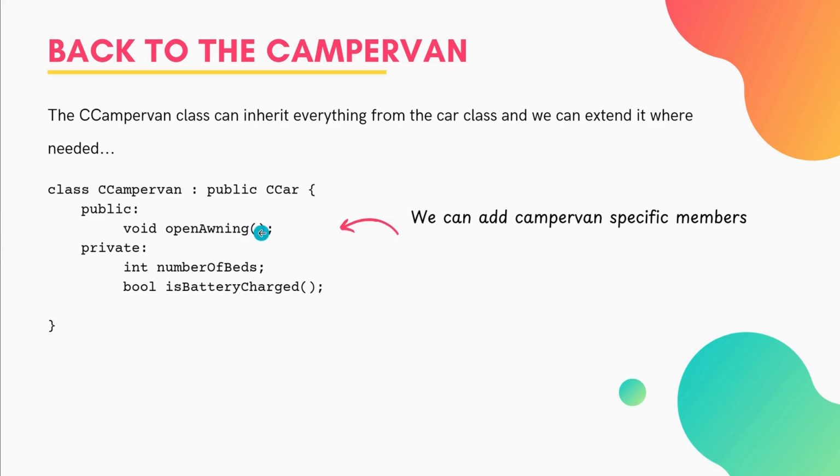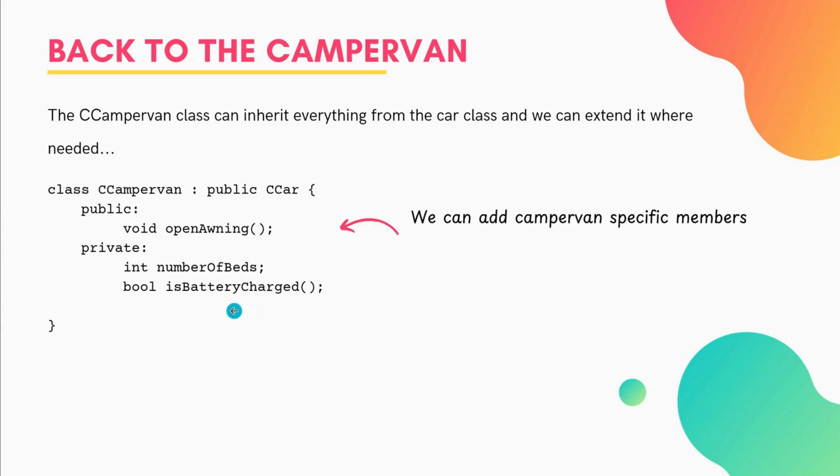So we've got a function to open it that can be called outside of the campervan because it's in the public section. We've also got privates, which can only be seen internally within the class, and you'll see more of that when we look at our MetaEditor example.